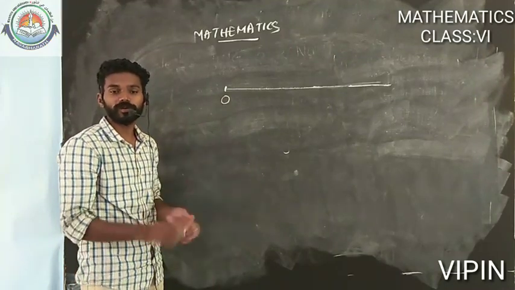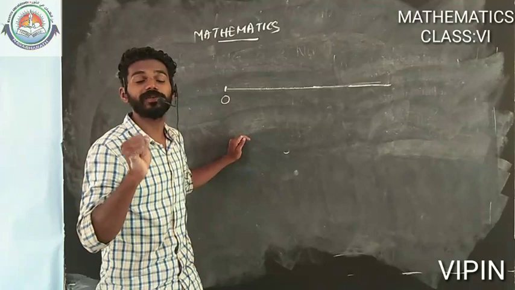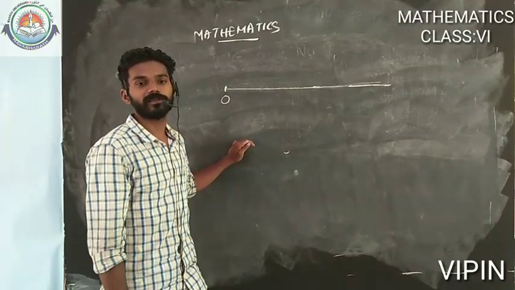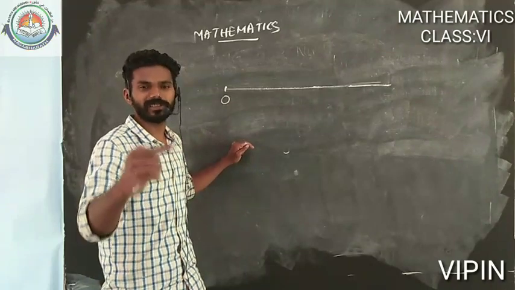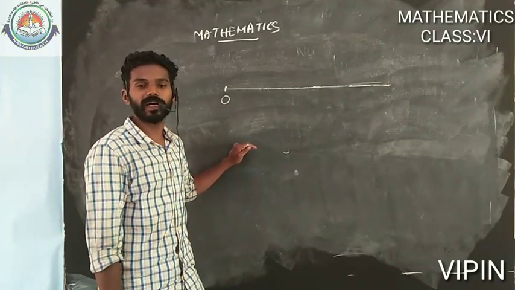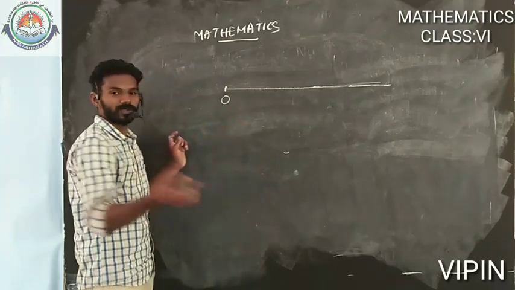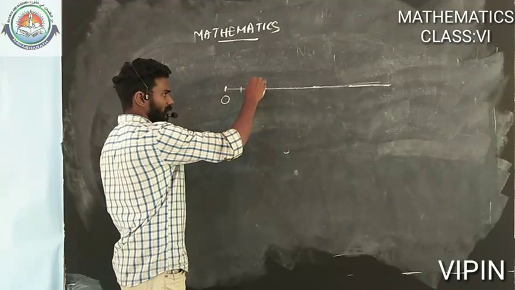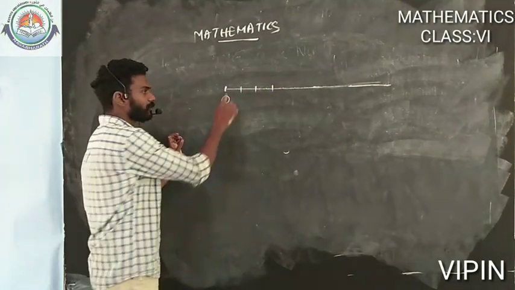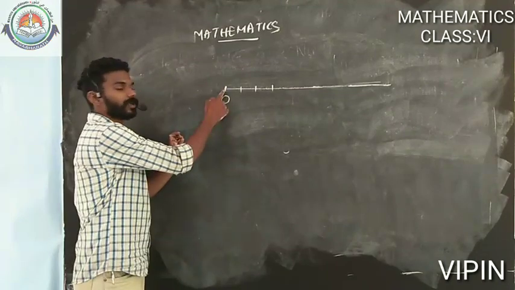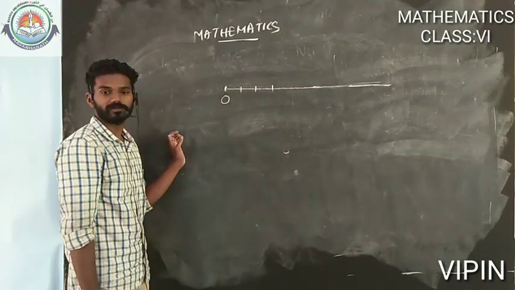And now we have to consider a unit distance, a fixed distance. Here I am considering the fixed distance as 1 centimeter. So you have to use your scale and put marks after every 1 centimeter, starting from this point 0.